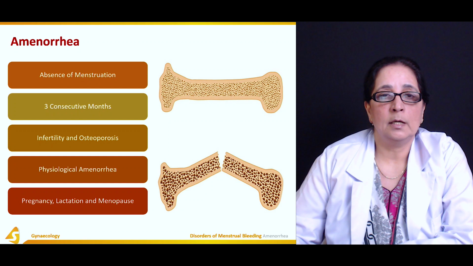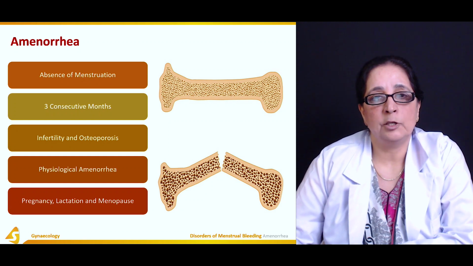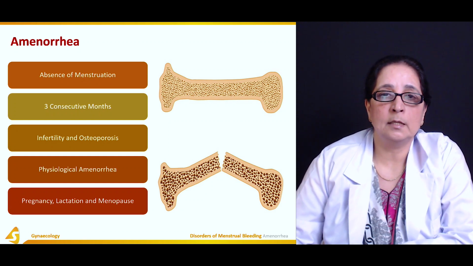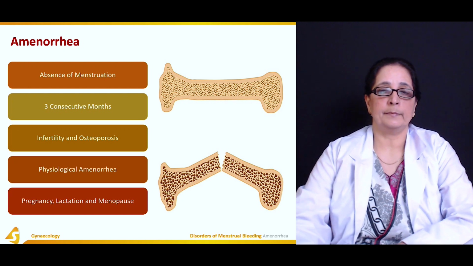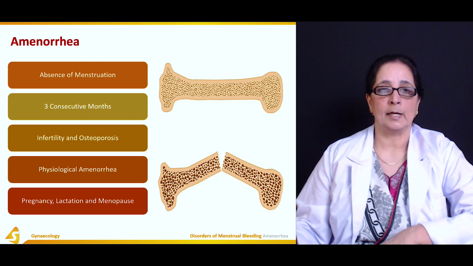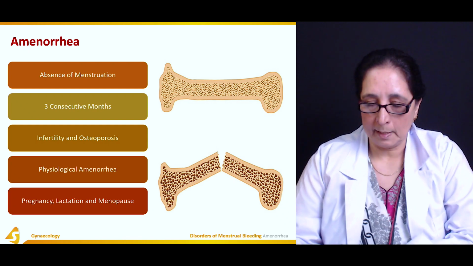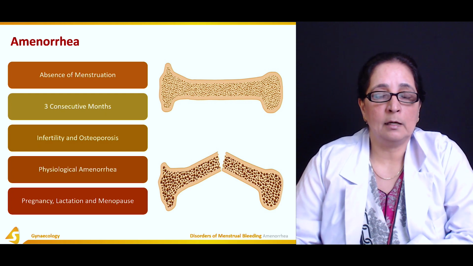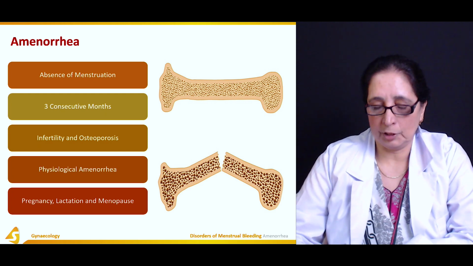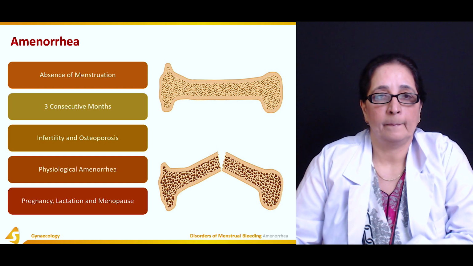Amenorrhea is the absence of the menstrual cycle, or absence of menstruation. When menstruation is absent for 3 consecutive months, this is labeled as amenorrhea. So no menstrual cycle for 3 months, then the patient is amenorrheic.